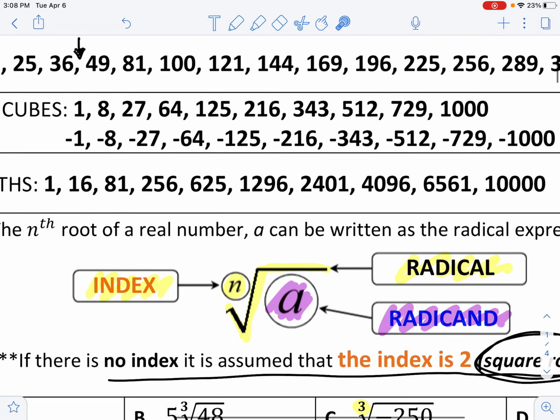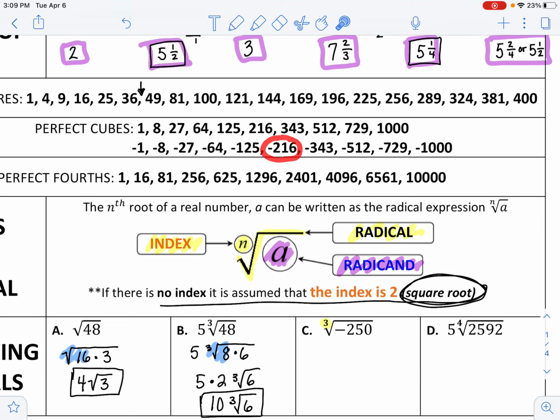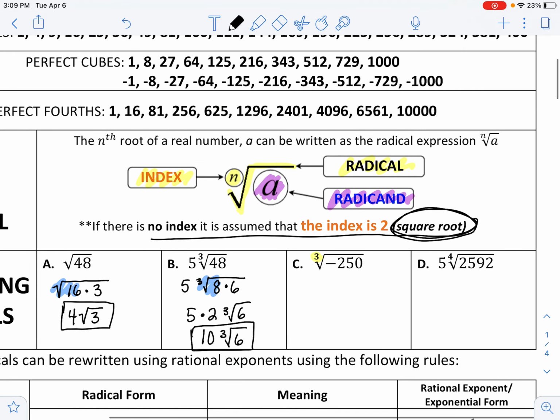So since it isn't, we're going to divide by the numbers less than that. So negative 250 divided by negative 216, decimal. Negative 250 divided by negative 125, bingo, that one works. It's 2. So we're going to rewrite this as the cubed root of negative 125 times 2.